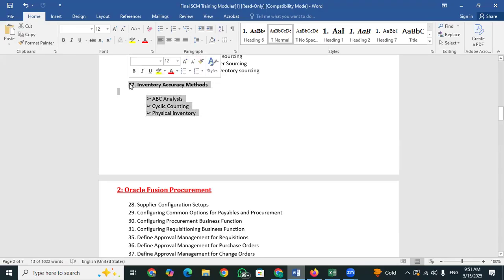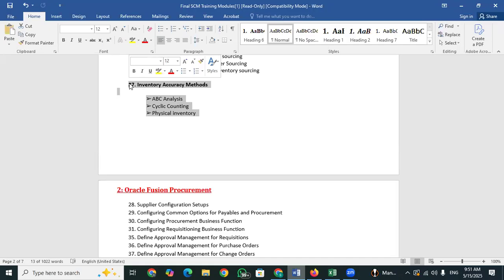Inventory accuracy methods are about whether the physical quantity and the system quantity match or not. For example, take gold jewelry businesses like Malabar Gold or Joyalukkas, which have implemented Oracle Fusion Supply Chain Management.